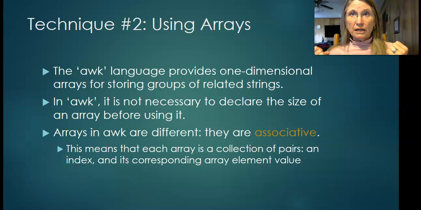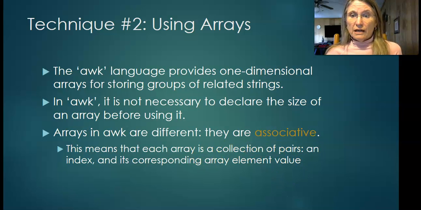It could be a color, and the pair that goes with the color could maybe be the RGB color code that goes with that. So you don't count through awk arrays in the same way that you might be used to, subscript 0, 1, 2, 3, 4, 5, on and on and on. You have mnemonic indexes.